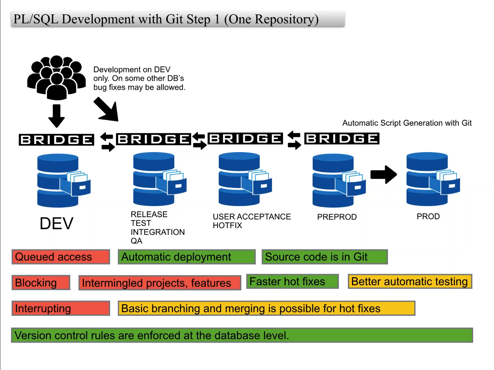Because pulls in Git, if you pull code from, say, user acceptance to pre-prod, it's not an overwrite. Git does not do an overwrite. Git does a merge. So there's a copy that I'm pulling from user acceptance. There's a copy that I have in pre-prod. If these two are not identical, Git merges them.